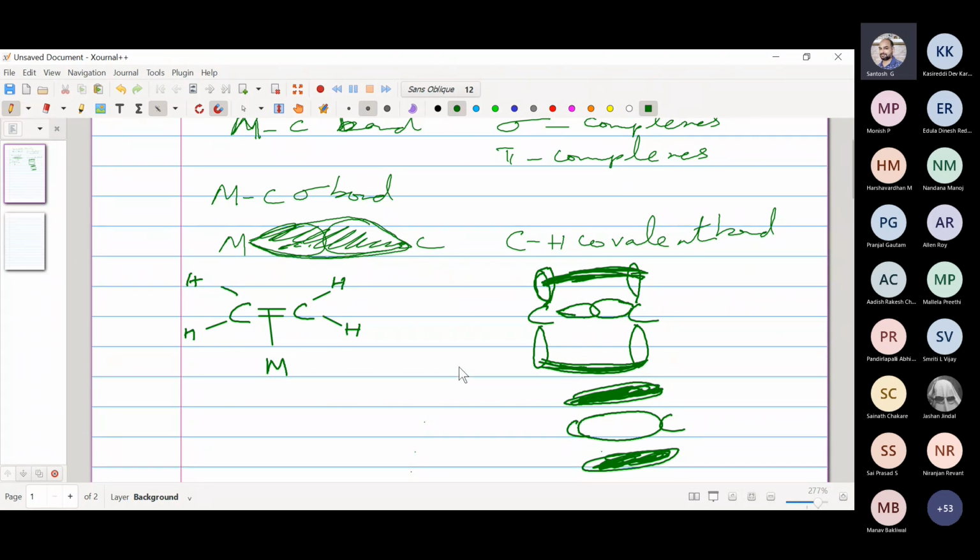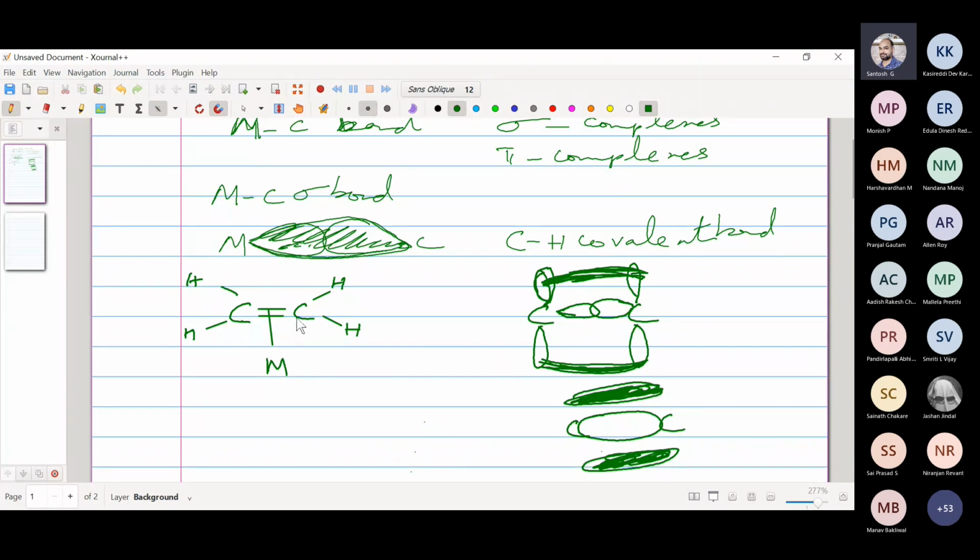Okay. But what is important for you to note is that the pi electron density is the one which is donated to the metal, and a bond is formed. So even though I'm showing the bond to the metal starting from the middle of the double bond, it actually indicates that the electron density belongs to both the carbons.